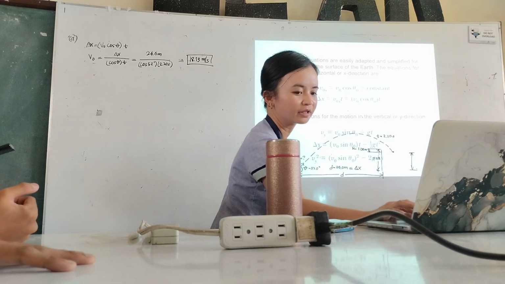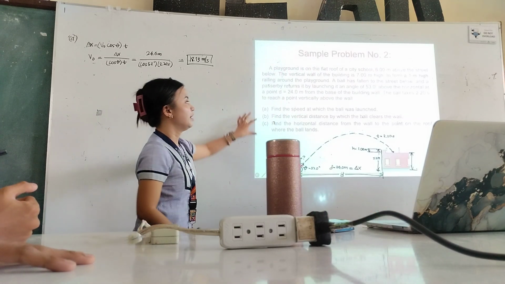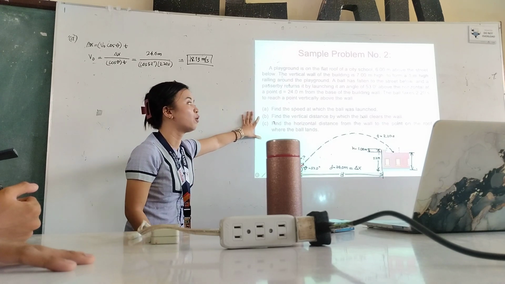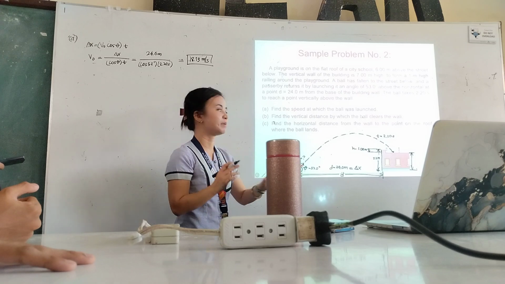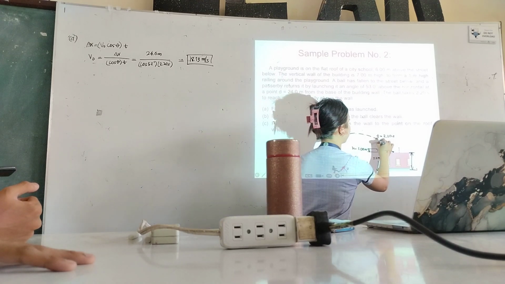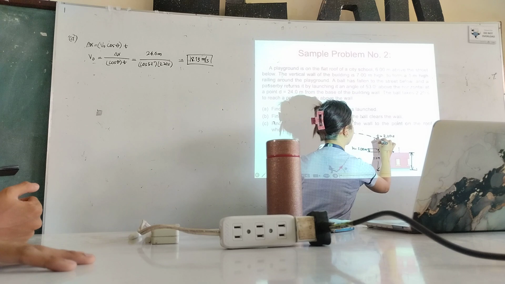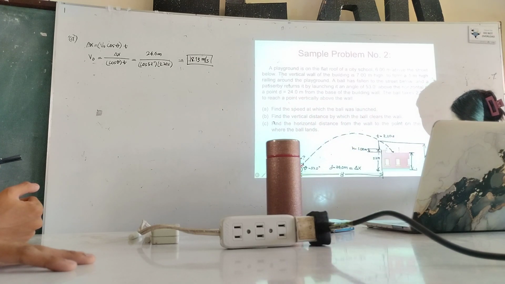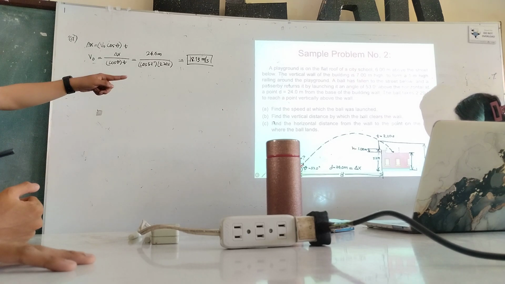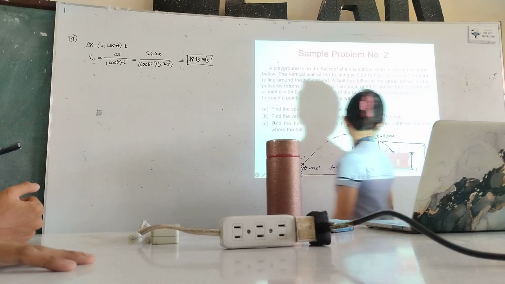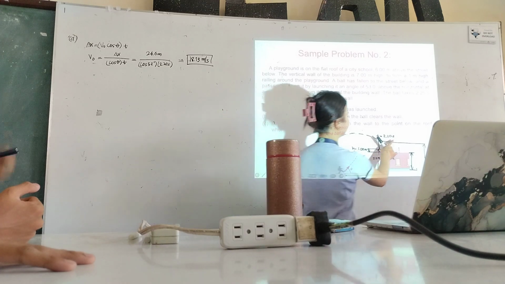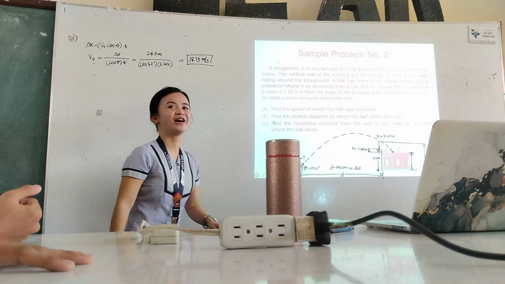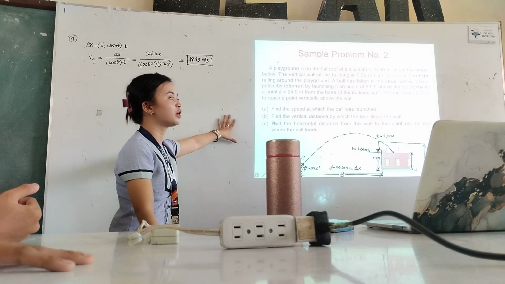Got it? Next, find the vertical distance by which the ball clears the wall. Meaning, you have to find the vertical distance by which the ball pierces the wall.